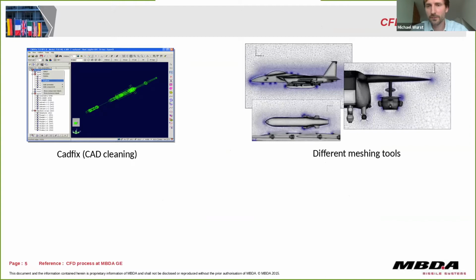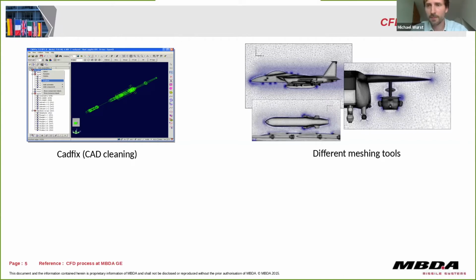Then we have different meshing tools. We have a license of the ANSA mesher, but we don't use it very often. Instead, we use a mesher which we bought from Airbus Defence and Space. And it is script-based and so quite flexible for us.